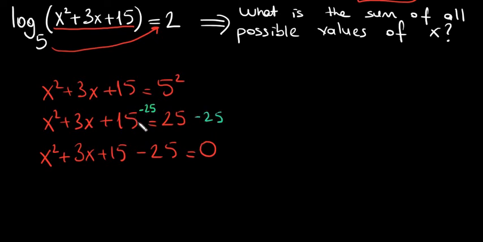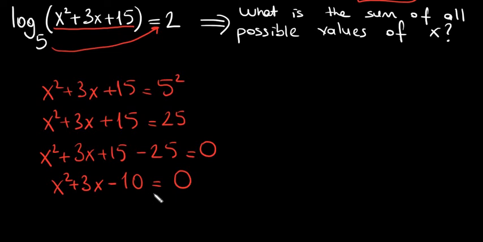So this is not a power. Be careful. I'm just subtracting, okay? Alright, so I will get 15 minus 25 is going to be negative 10. So I will get x squared plus 3x minus 10 is going to be equal to 0.